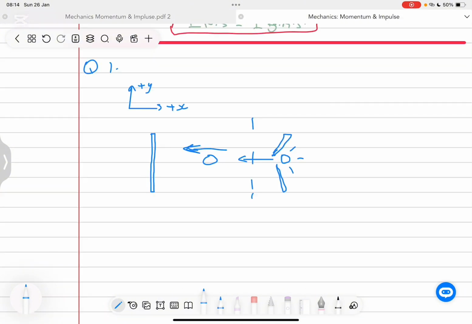Remember that during the collision, we have a time varying force, and we take the average of that force. The average that we take, we call it the net force. Please go to the previous lesson to understand what I've just said.